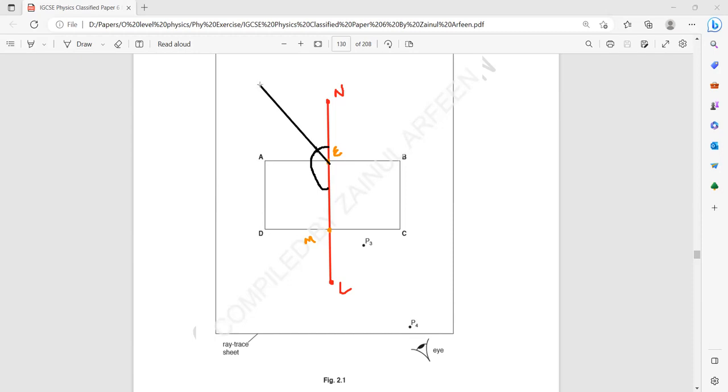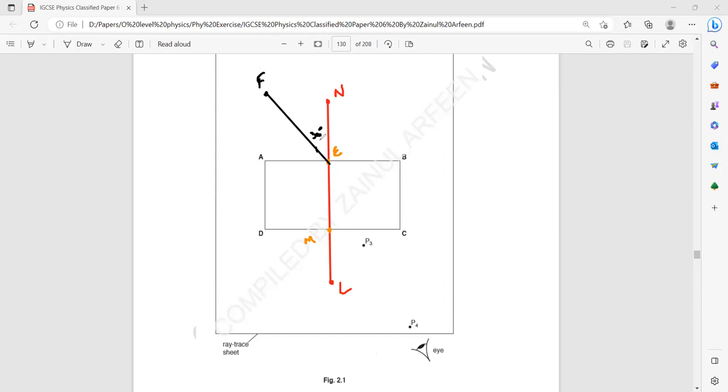They did not specify the length of the line, so you can draw any length, but the angle should be 30 degrees. You label that as E and F. One point is F, another point is E. E is already there, so you draw another line at an angle of 30 degrees and mark the other point of the line as F.